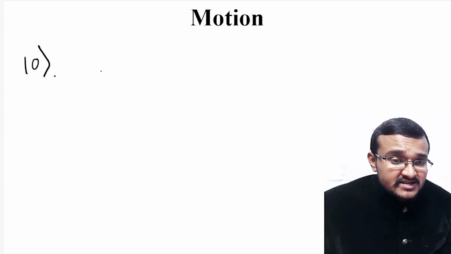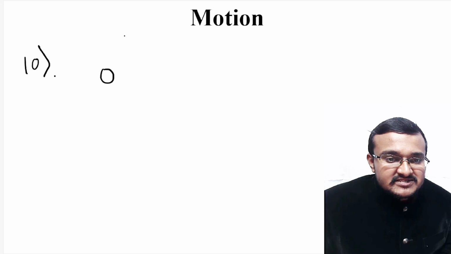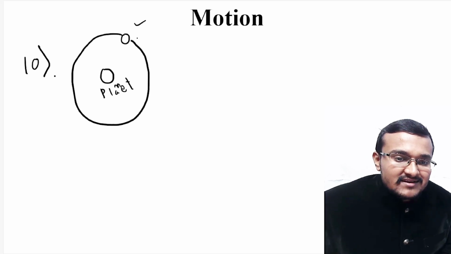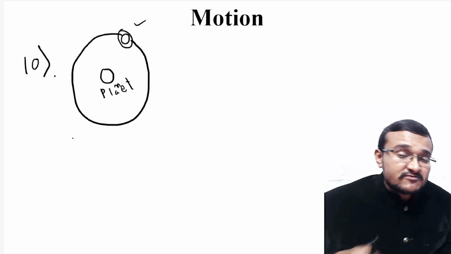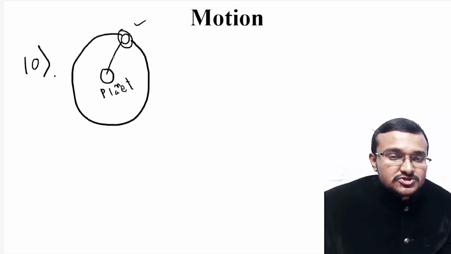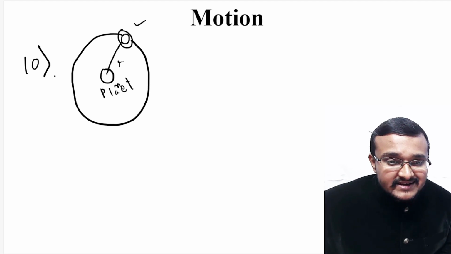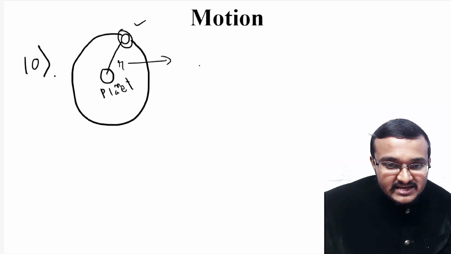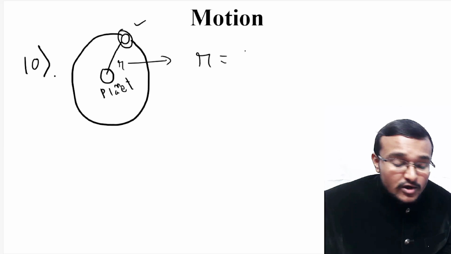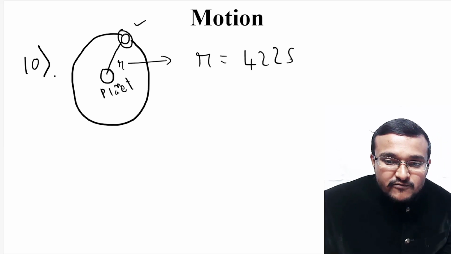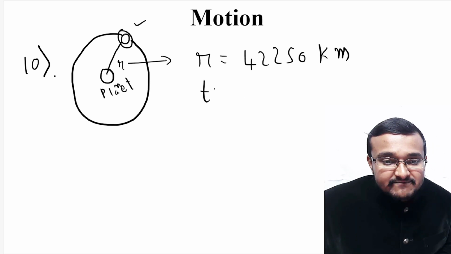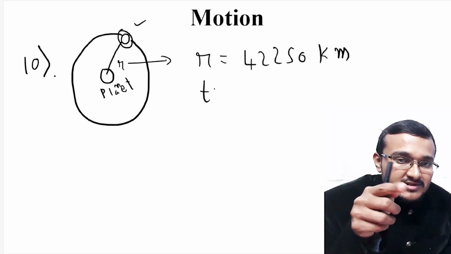So coming to the 10th question, here there is an artificial satellite which is revolving around a planet. You have to calculate the speed of this artificial satellite. The data given here is the radius of the circular path in which this satellite is revolving, equal to 42,250 kilometer, and they have also given the time to complete one revolution around that planet.